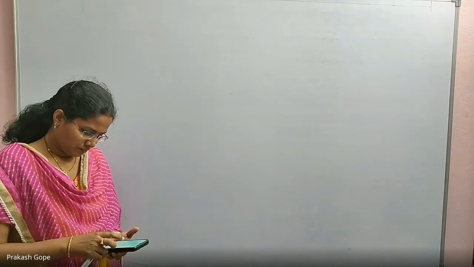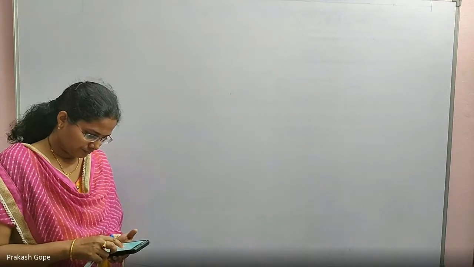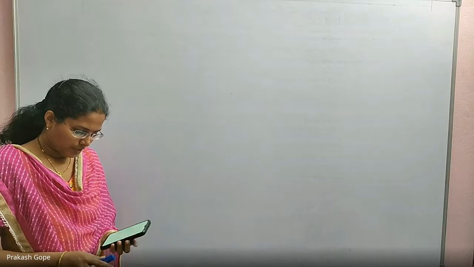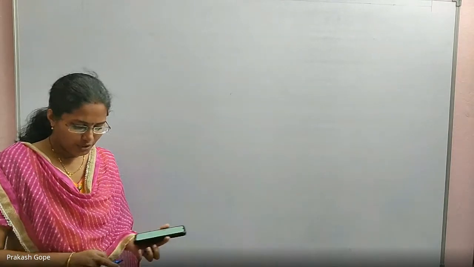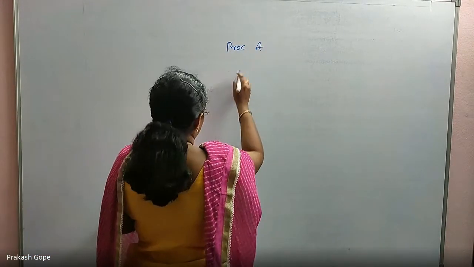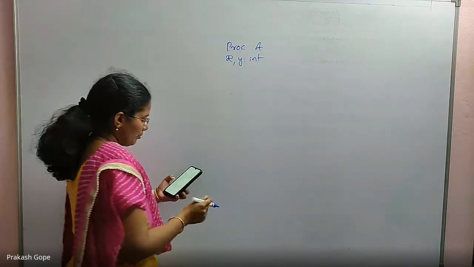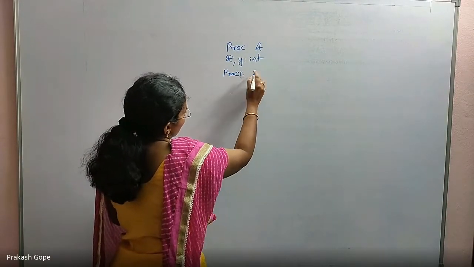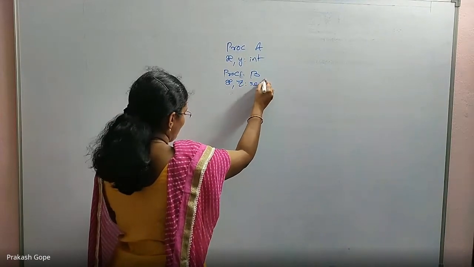Question number 5. Given the following Pascal-like program segment, the variables accessible in S1 and S2 are: procedure A. X and Y are declared integers, local variables to A. Then there is a procedure B, in which X and Z are local variables, they are real.